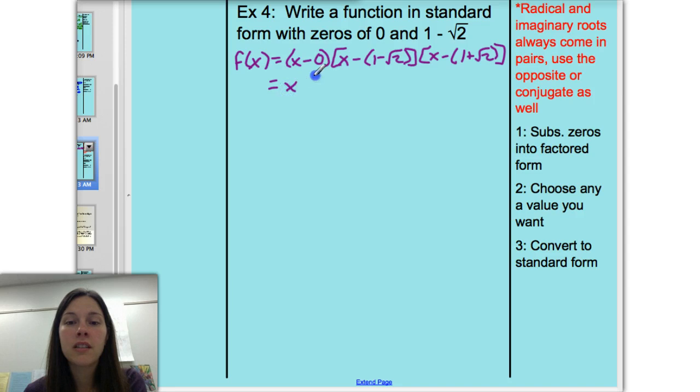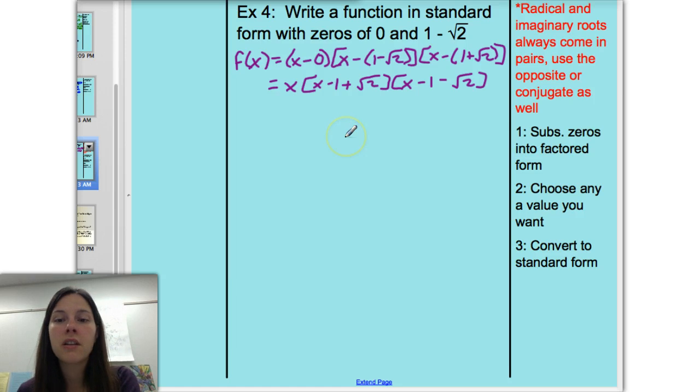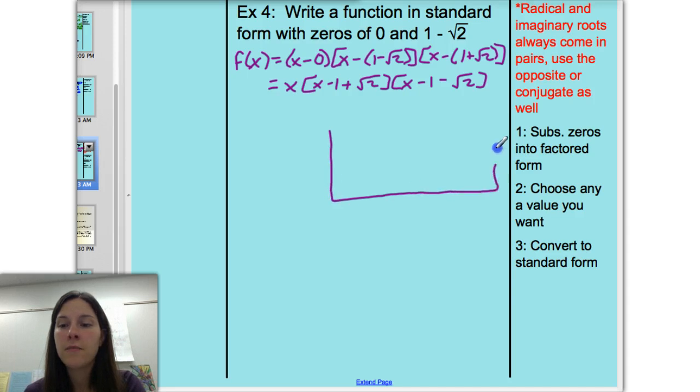Simplifying my x minus 0 a little bit, and here when I distribute this negative, I'm going to get x minus 1 plus the square root of 2. And I could turn my brackets back into parentheses as well. Distributing over here, x minus 1 minus the square root of 2. Alright, so for some of you, I'm going to show multiplying the box method because I know you all know distributive property. Some of you may prefer this box method instead.